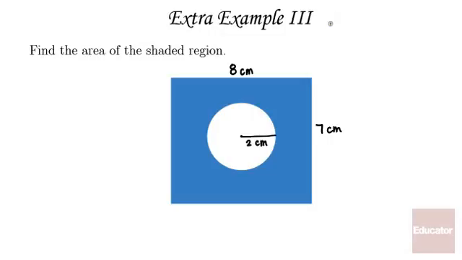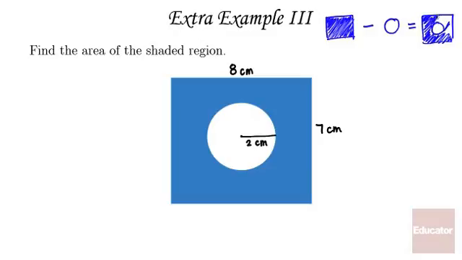So it's as if I have this whole rectangle. It was whole before the circle was cut out, right? Find the area of the whole thing. Then you're going to subtract the area of the circle, and that's going to become what you have left, the area that's shaded.